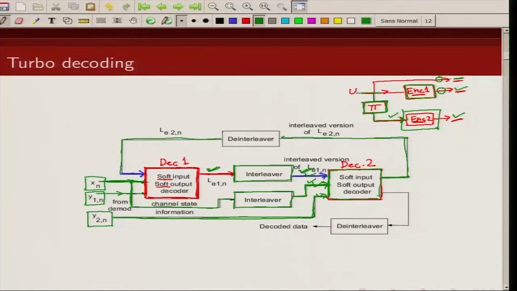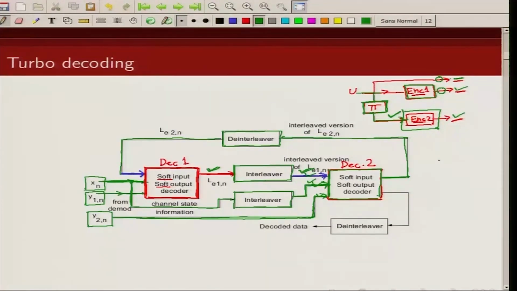And note, there is a de-interleaver in between, because the order of the information sequence here is a de-interleaved version of the information that has been fed to encoder 2. So this de-interleaver is used so that the information estimates that we are feeding to decoder 1 are in the same order as these other inputs.